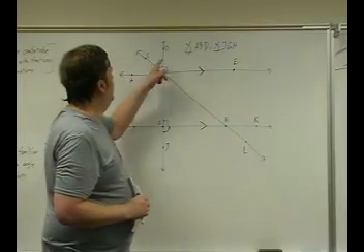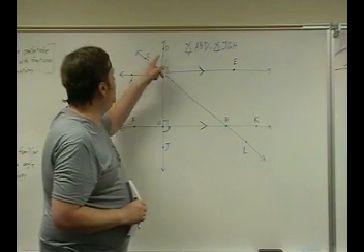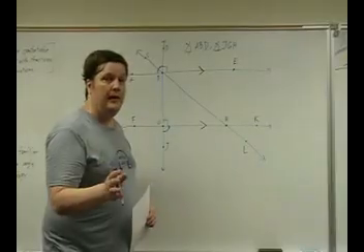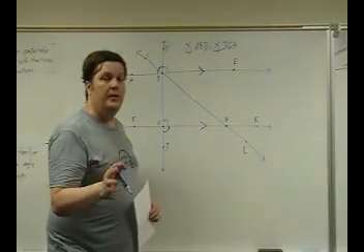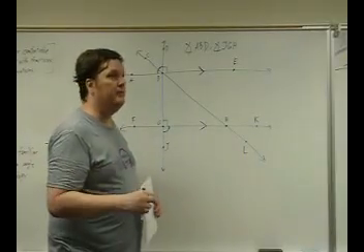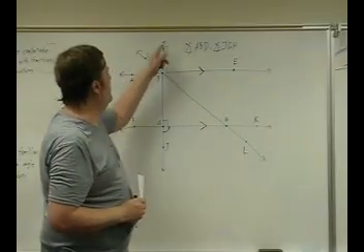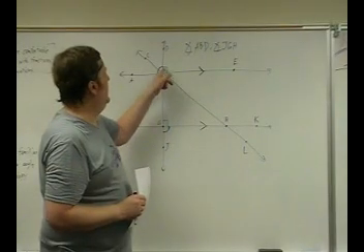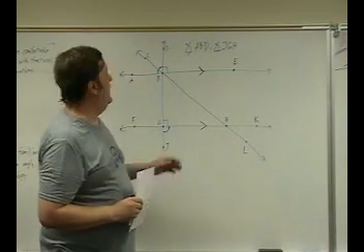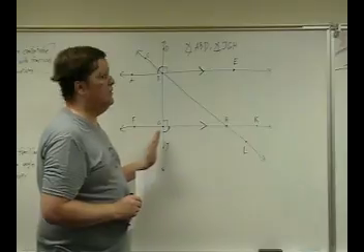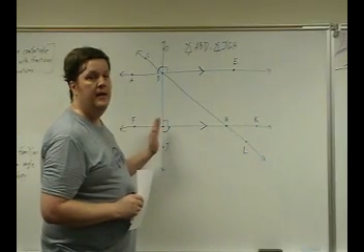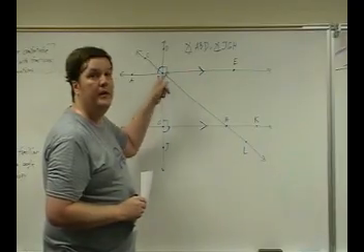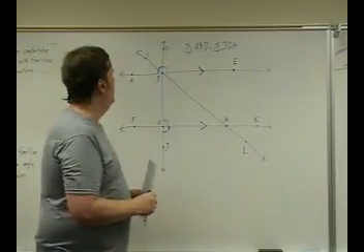So I know that angle ABD is going to equal 90 degrees, because this side here is 90 degrees. That means the transversal is cutting the two parallel lines at 90 degrees. Every angle generated by that transversal is going to be 90 degrees around the intersection.